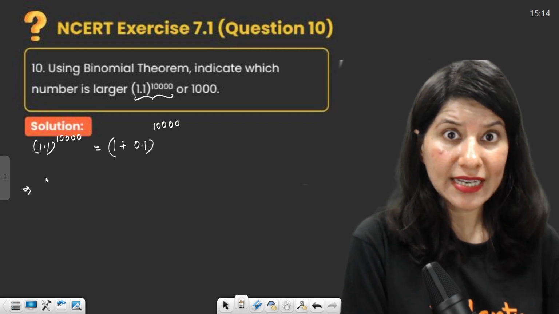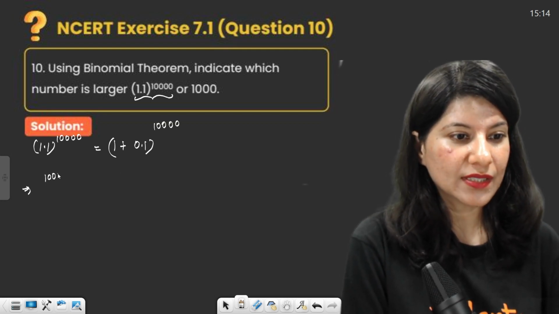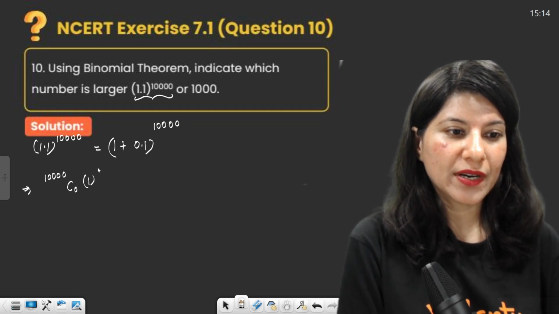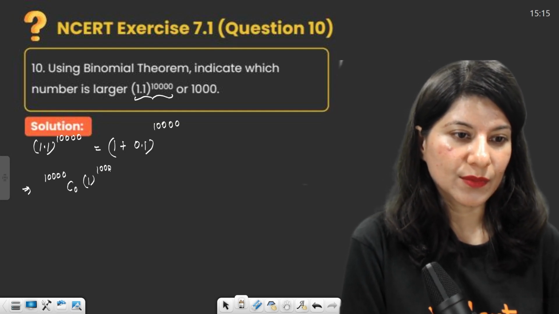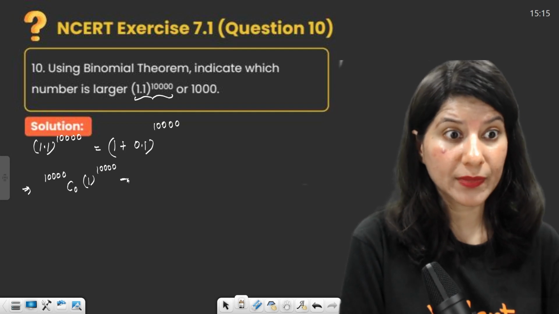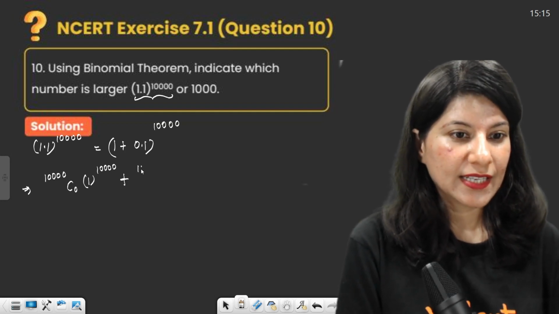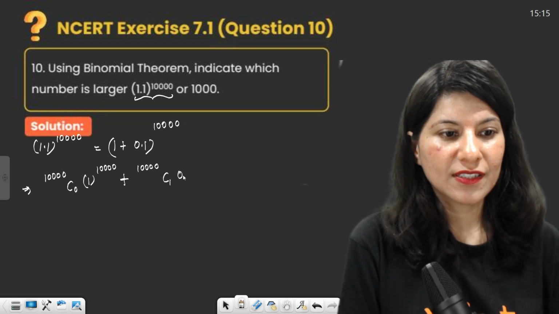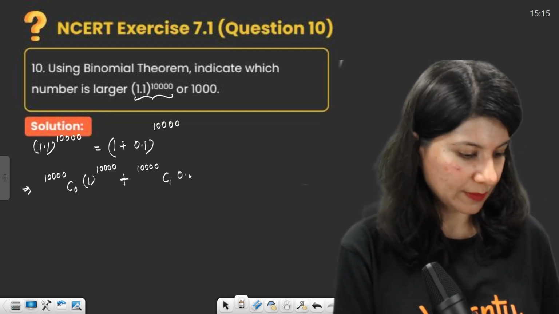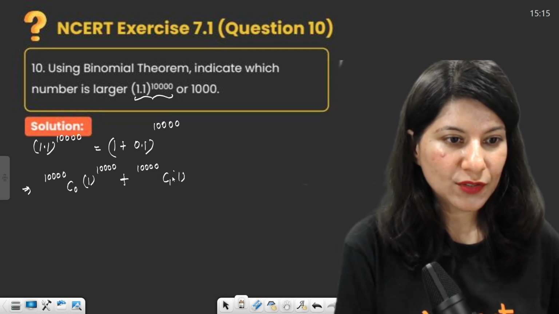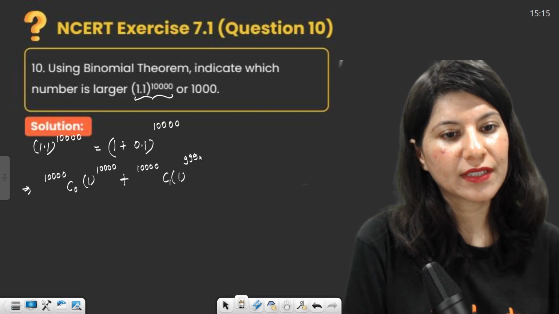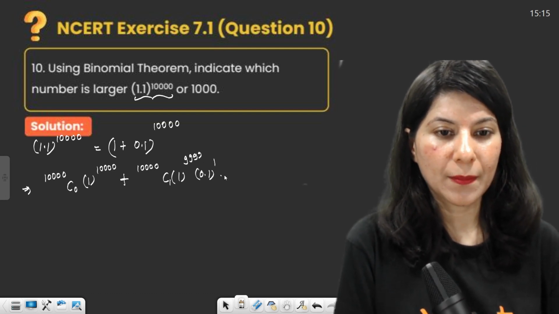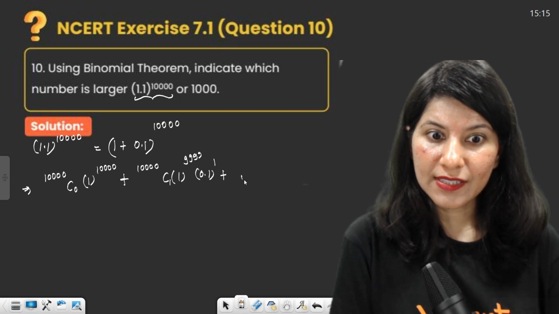So let's start. n is equal to 10,000, right? So 10,000C0 1 raised to power 10,000, plus 10,000C1 1 raised to power 9,999, 0.1 raised to power 1, plus some more terms.